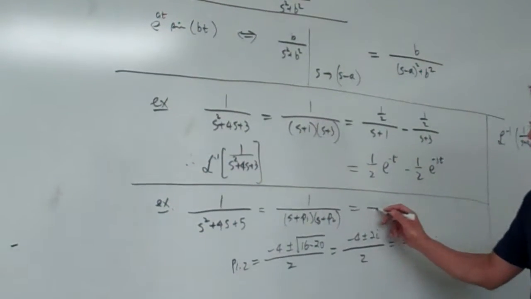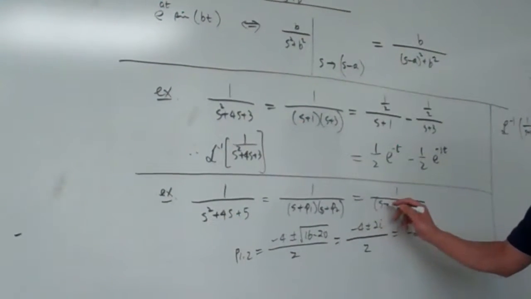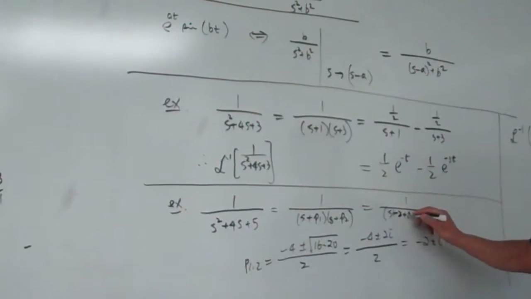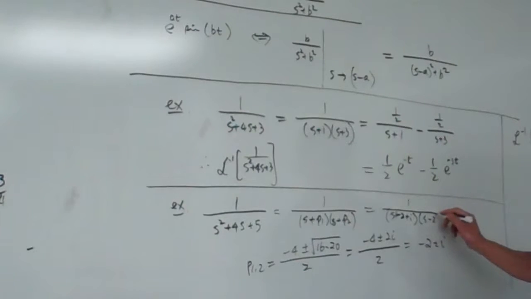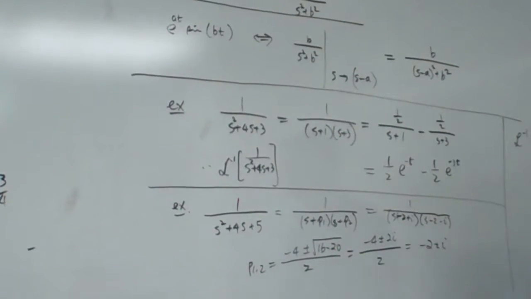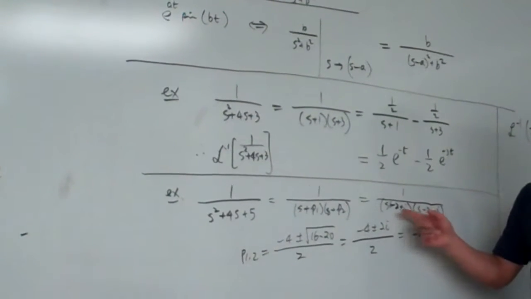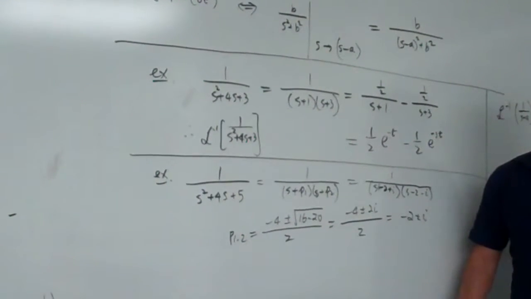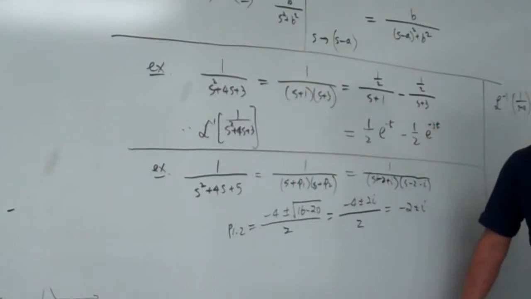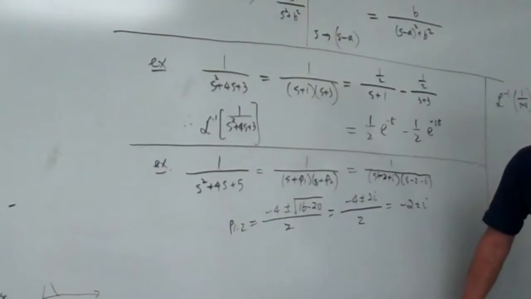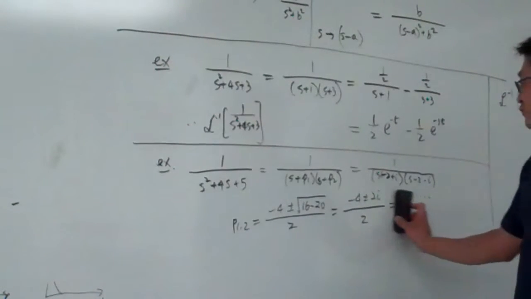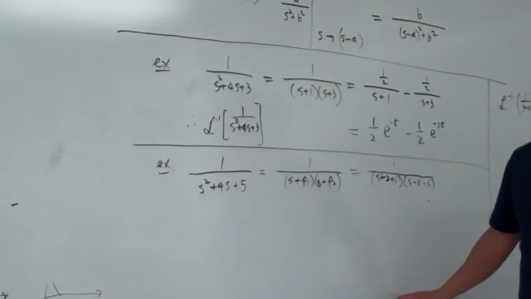So you might come up with s minus (minus 2 plus i) and s minus (minus 2 minus i). We don't have Laplace transform tables for complex numbers, unfortunately. If you like to try this way, you start there.